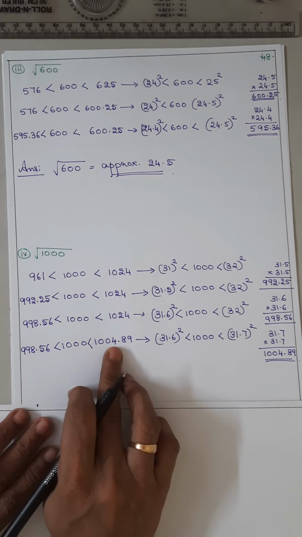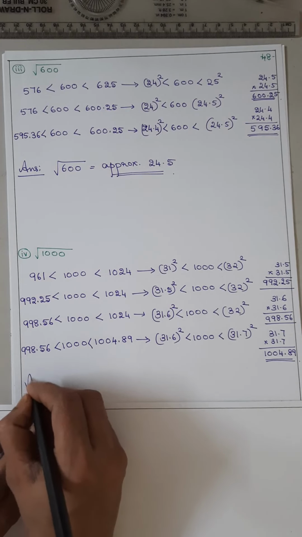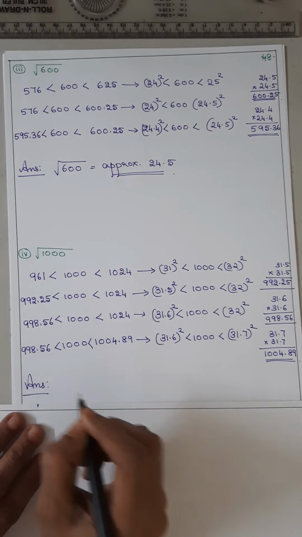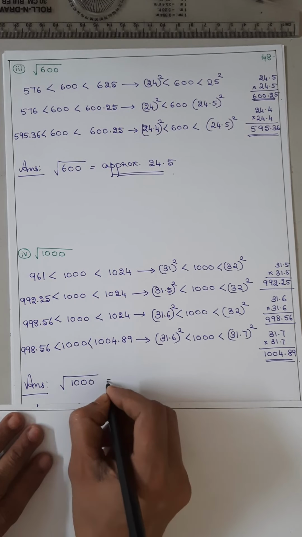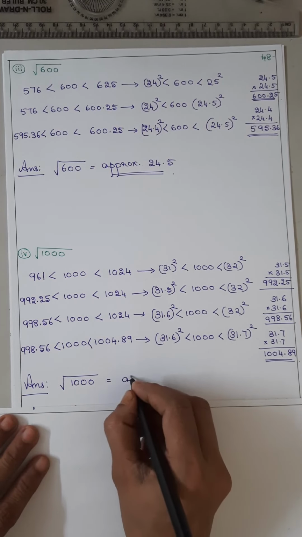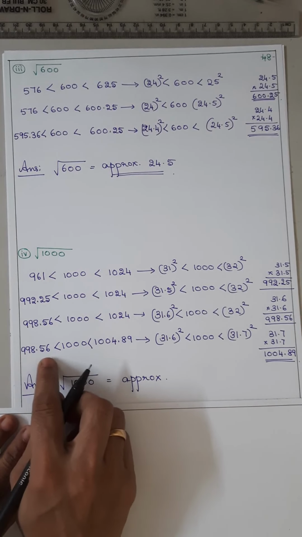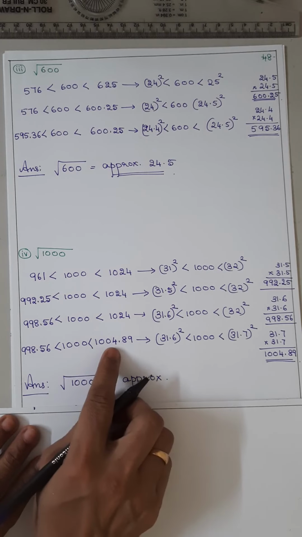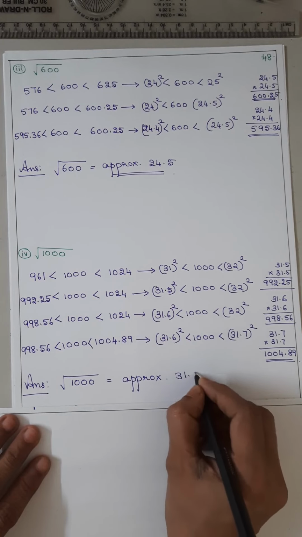This is 4. Here it is 2. So answer, square root of 1000 is equal to approximately 31.6, since 998.56 is nearer to 1000.